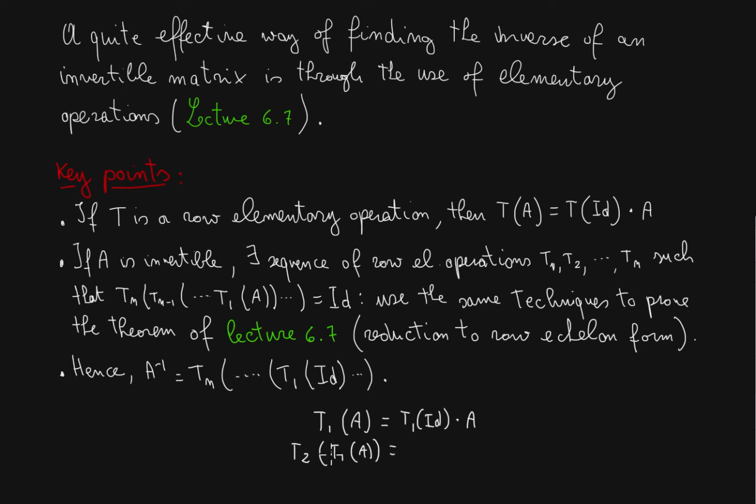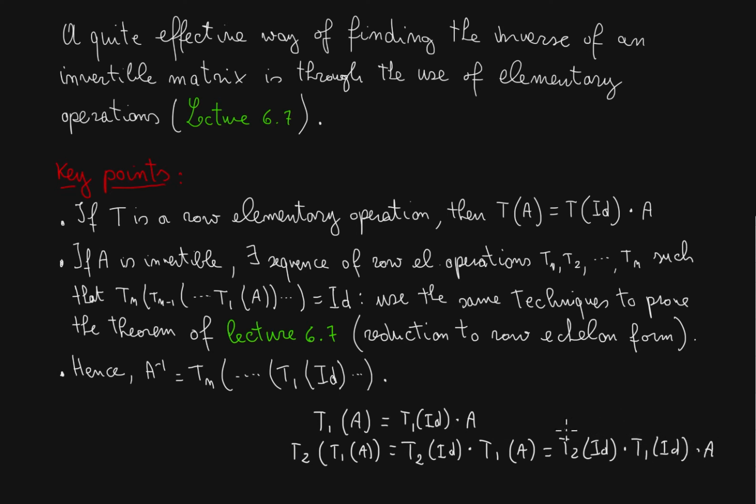We get T2 applied to this matrix, which corresponds to multiplication on the left by T2 applied to the identity matrix. So T2 of the identity matrix times the matrix T1 A, which is the same as T2 of the identity matrix times T1 of the identity matrix times A.